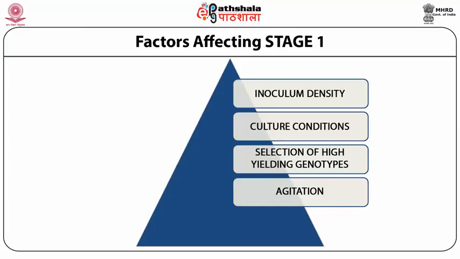Talking about the next parameter, which is aeration, according to Georgiev et al. 2009, it has three main functions. First is maintenance of aerobic conditions, desorption of volatile products, because most of the cell cultures would be releasing some volatile products which may be detrimental.